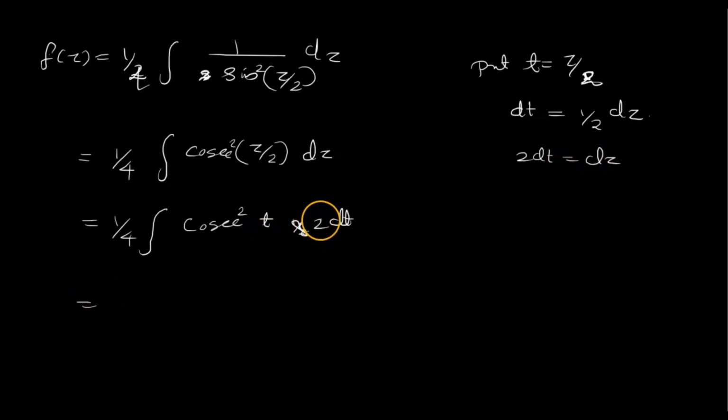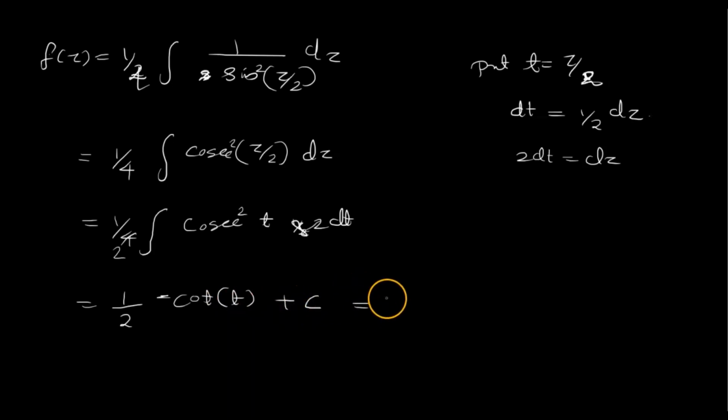So 2 and 4 cancel, giving 1 by 2 integral of cosec square t. You know that integral of cosec square is minus cot. So this is minus cot t plus some integrating constant c.